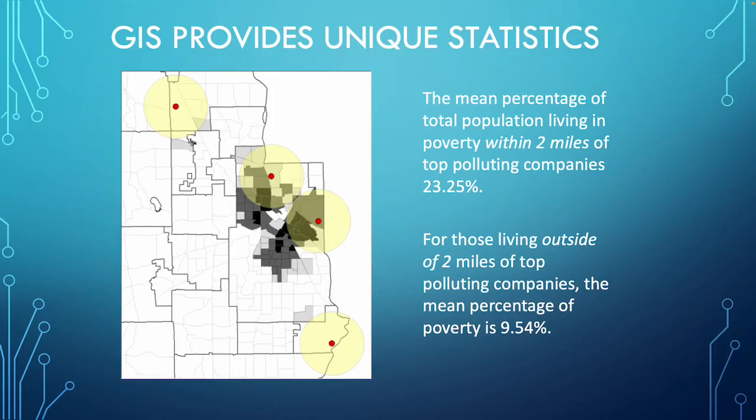The population living in poverty outside of that area is less than 10%. And so there's a disparity there. And that's one of the things that you can easily do with GIS. Start to look for patterns and look for differences and look for disparities that happen because of that.